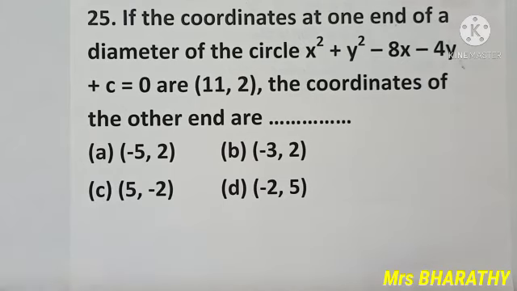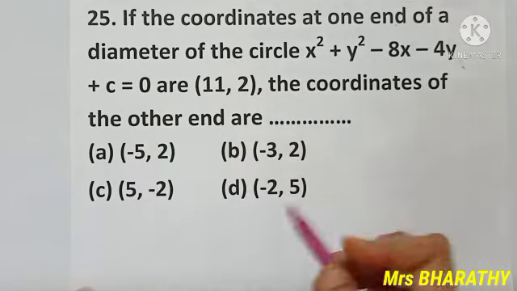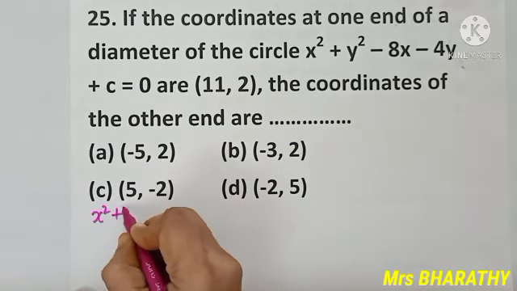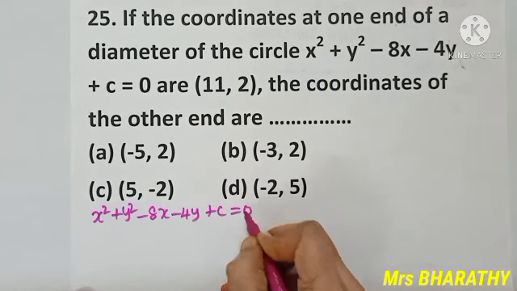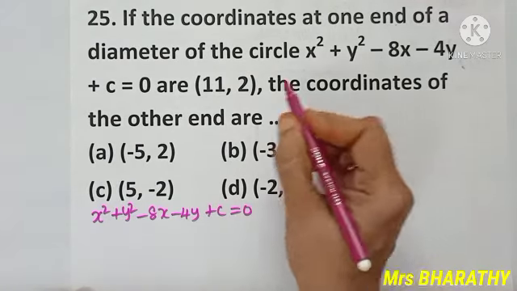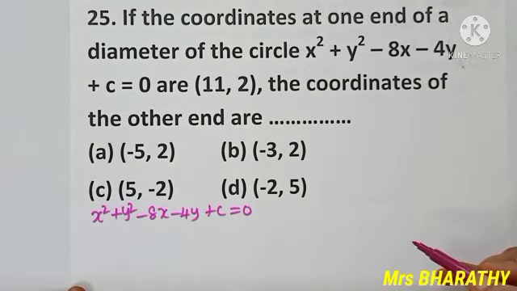Question number 25. If the coordinates at one end of the diameter of the circle x square plus y square minus 8x minus 4y plus c equal to 0 are 11, 2, we need to find the other end of the diameter.